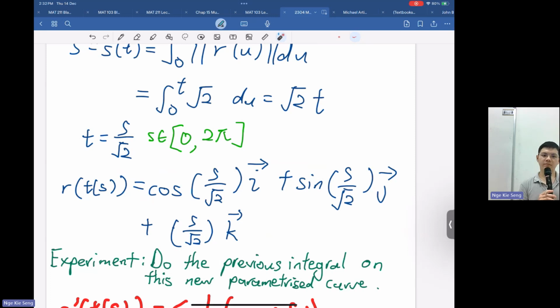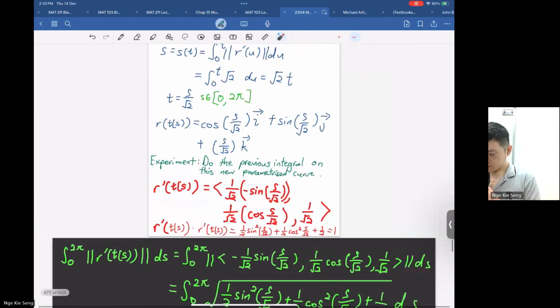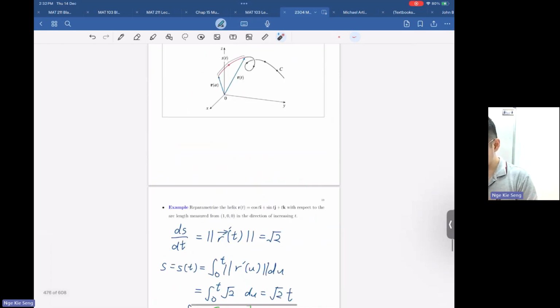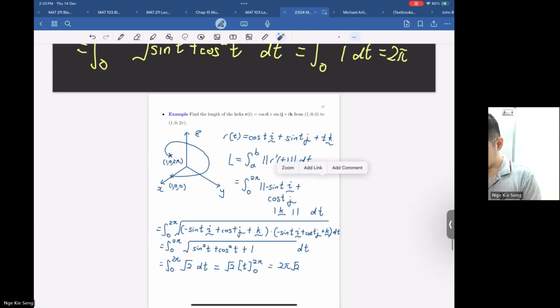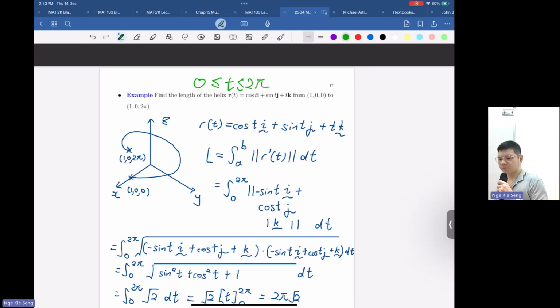Am I right to integrate from 0 to 2 pi again? So where's the previous variable here? So this one is from t going from 0 to 2 pi here, right?